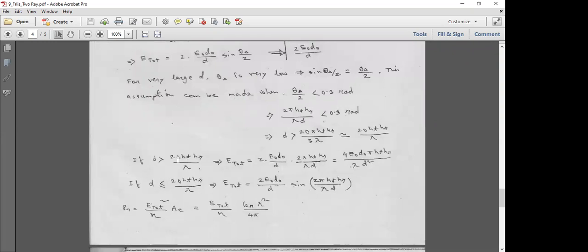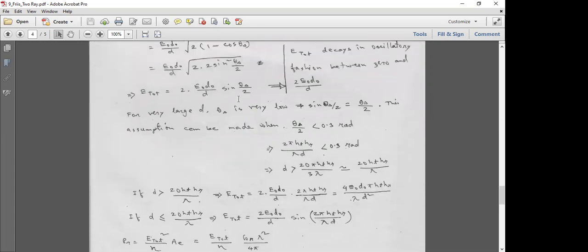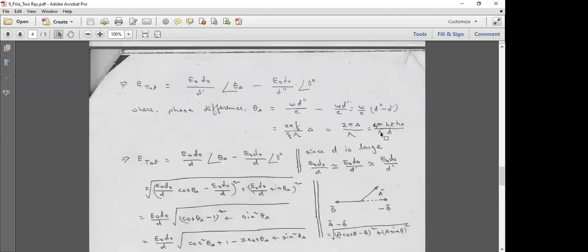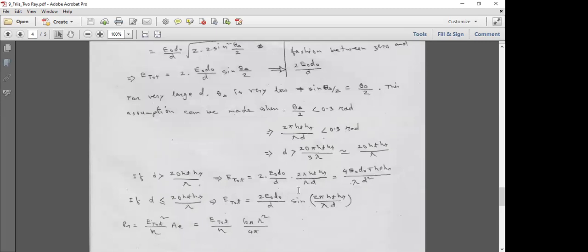If it is larger, then you consider theta delta by 2, and your E total will be 2 E naught D naught by D into theta delta by 2, where for theta delta we have this expression. Just divide that by 2 and you get this total term. But if it is smaller, then you have to keep the sine term.